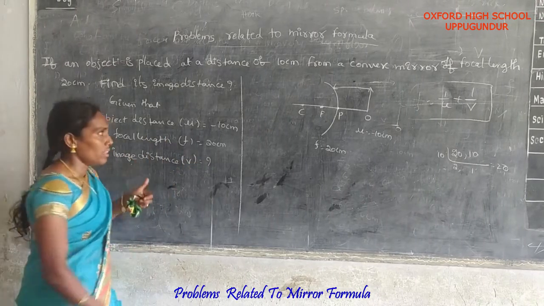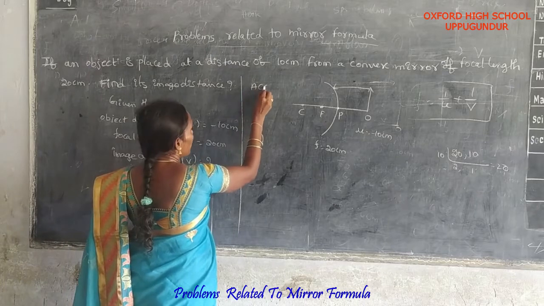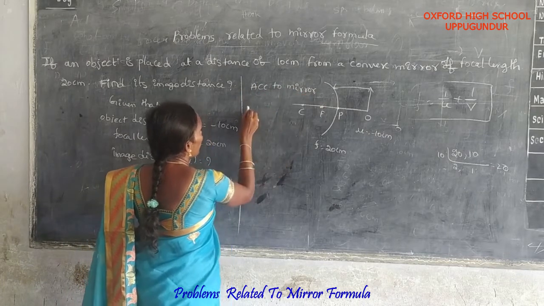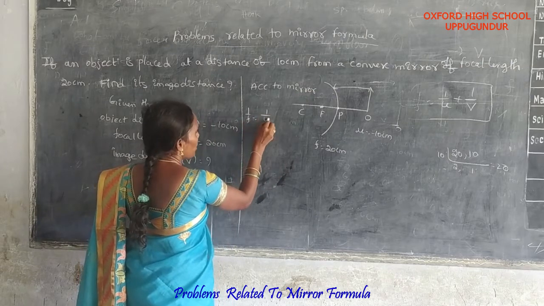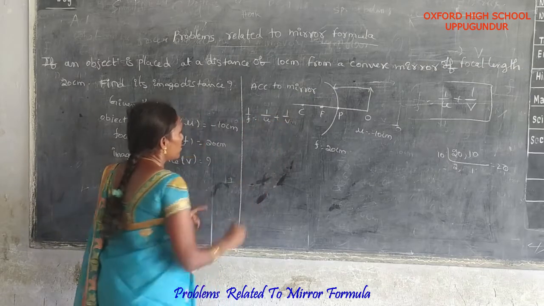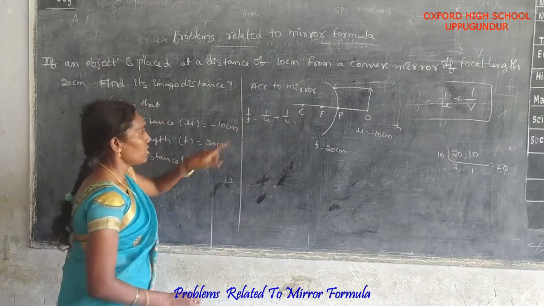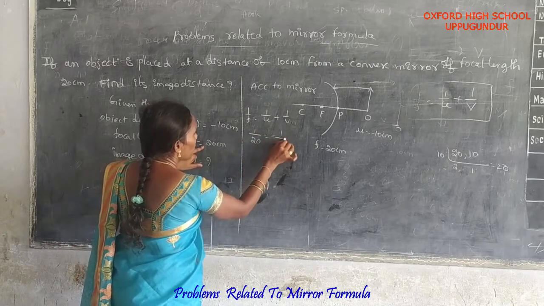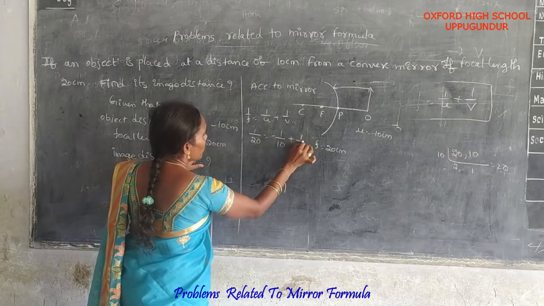According to the mirror formula, what is the mirror formula? Mirror formula: 1 by f is equal to 1 by u plus 1 by v. Substitute these values in this equation. Here 1 by 20 is equal to minus 1 by 10 plus 1 by v.